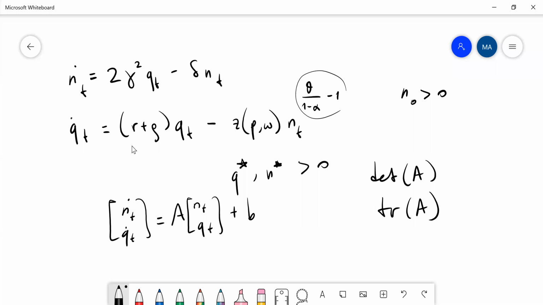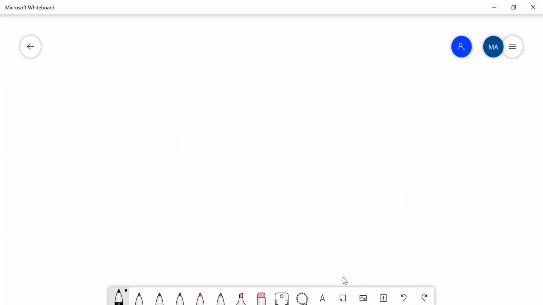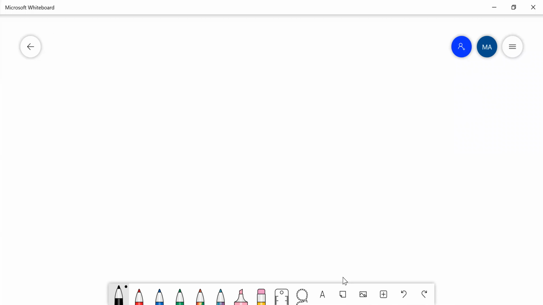Let me again share my screen. Okay, so now in a fishery problem, what we are going to do is this. Again, there is a firm.